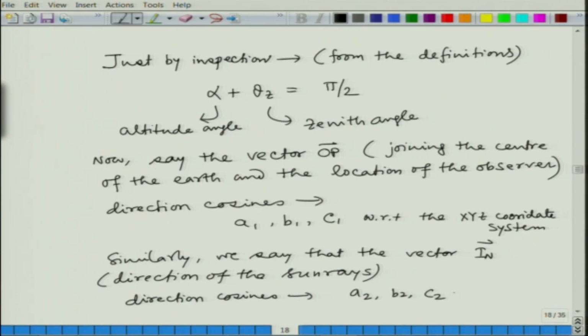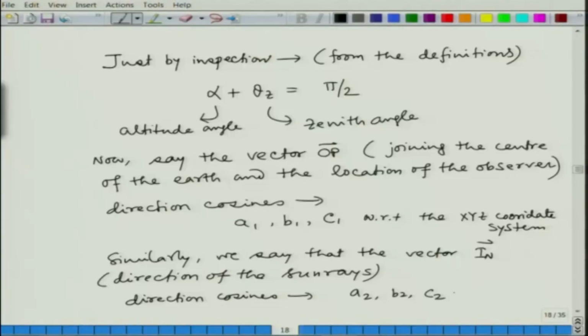So, if that is the case, now we have to find out the values of A1, B1, C1, A2, B2, C2.